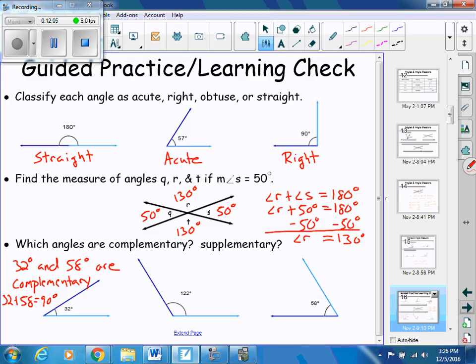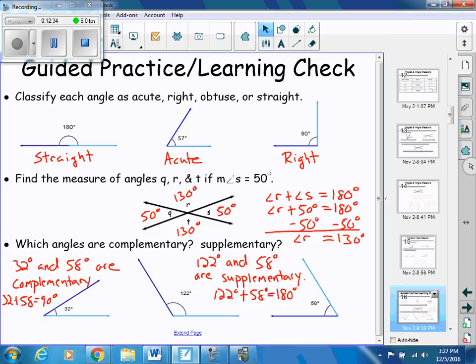Supplementary, the 122 degree angle and the 58 degree angle are supplementary, again, because they add up to 180. If I take 122 plus 58, that's going to equal 180. So you should check that.